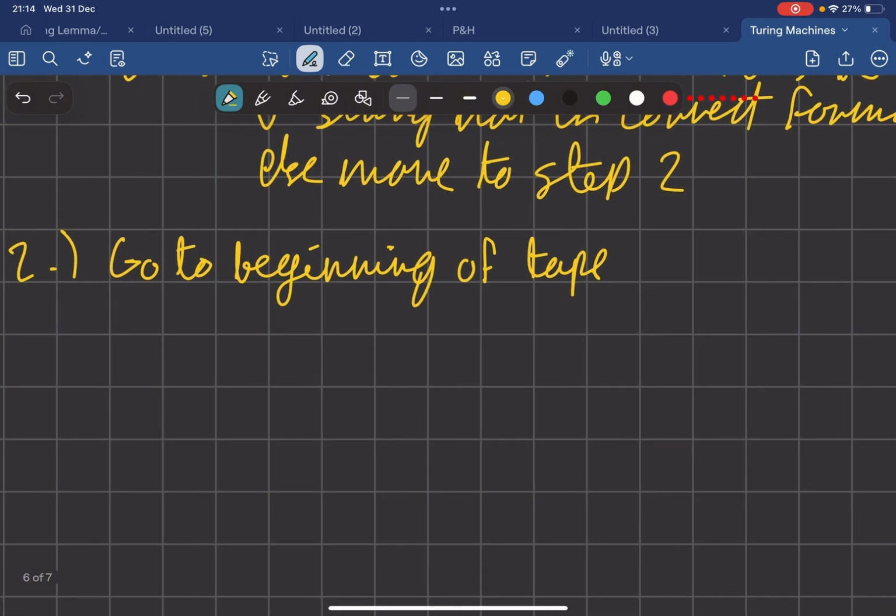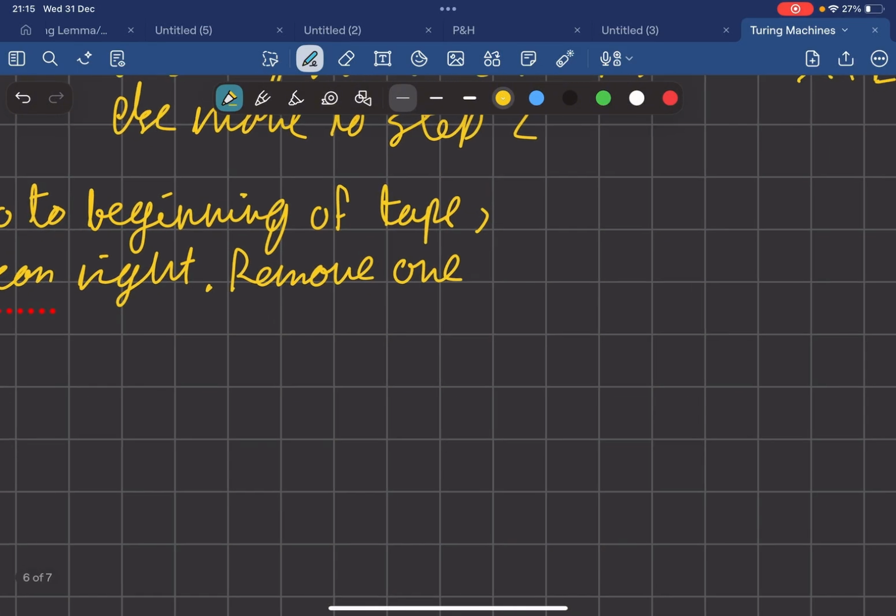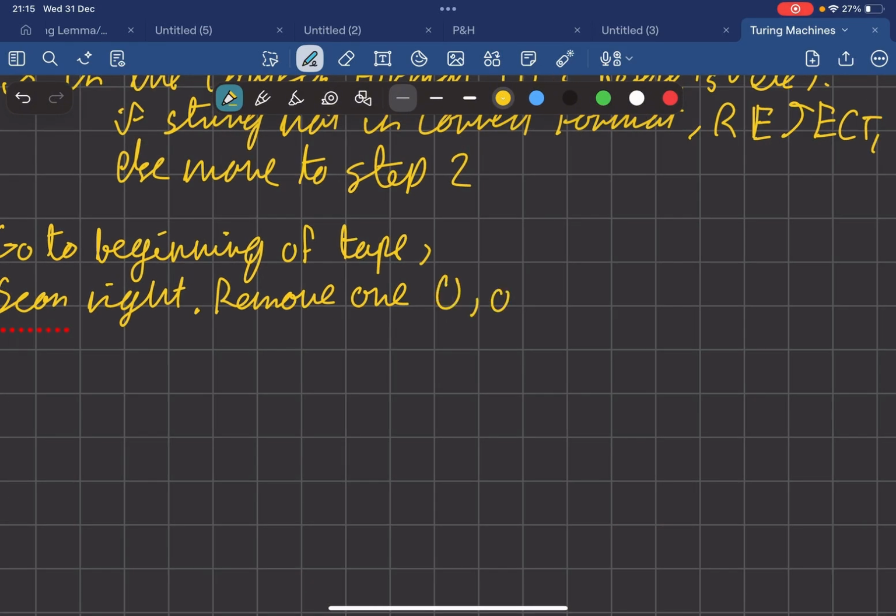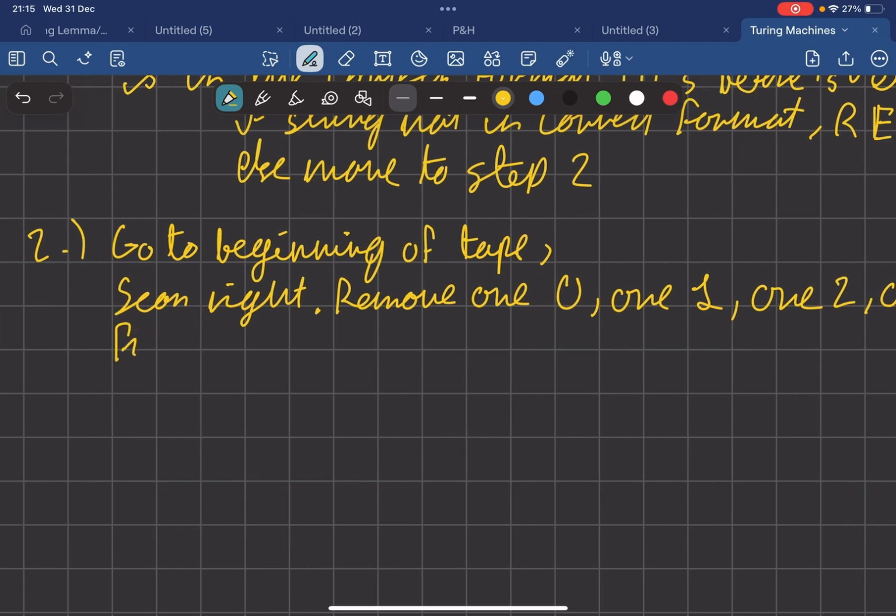Go to beginning of tape, scan right. Remove 1, 0, 1, 1 from the tape. So we're crossing it out.